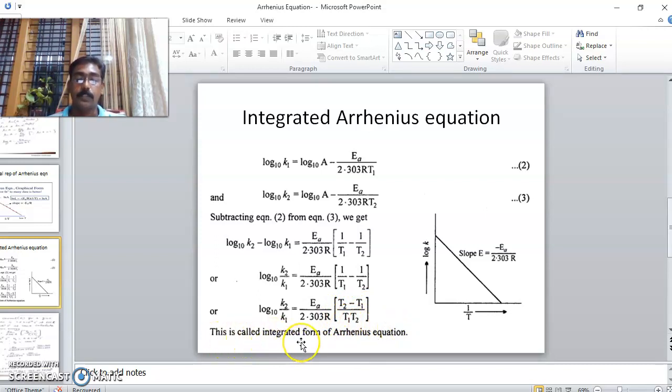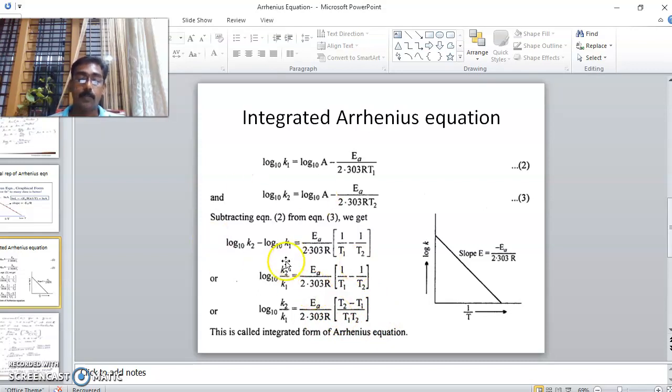This expression is known as the integrated form of the Arrhenius equation. With this expression, we can calculate the activation energy by knowing the rate constants k2 and k1 at two different temperatures, T2 and T1.